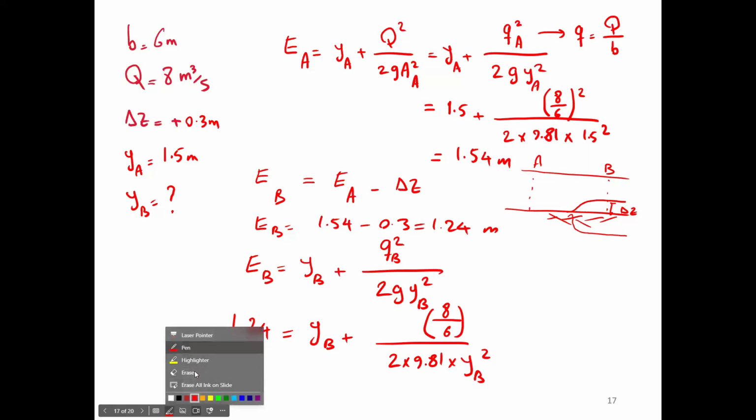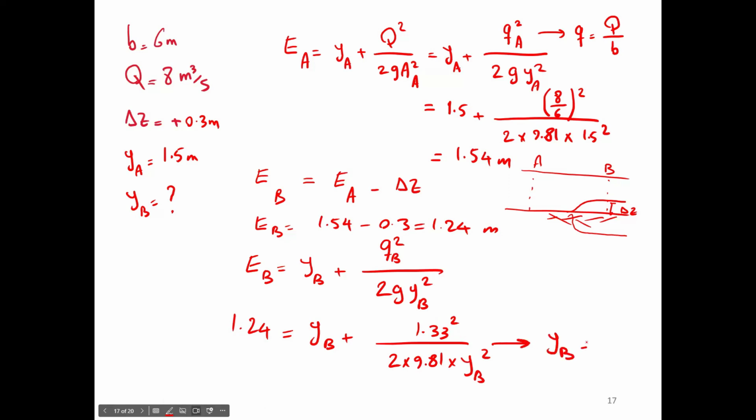But I think I have the number here, which is 1.33. So I can just write it here. So try yourself and see if you can find Y at point B. That's a trial and error. Or again, your calculator should be able to find it for you in less than a minute, I think.